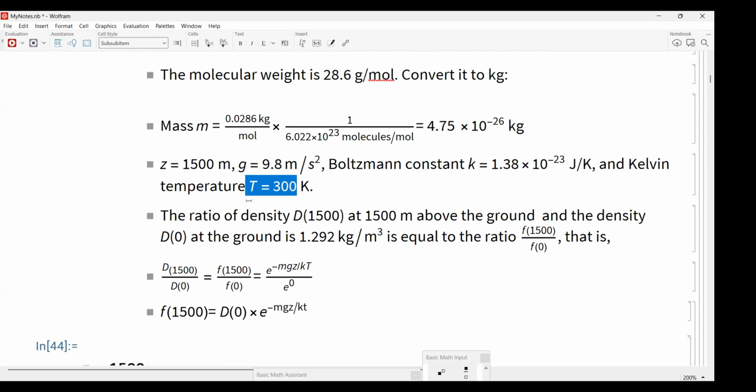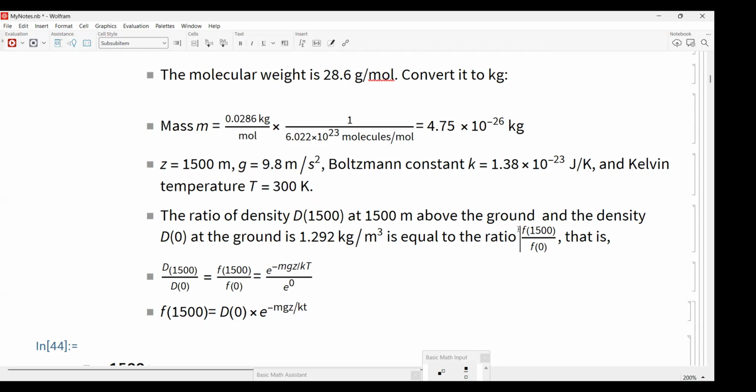So the ratio of the density at a height of 1,500 meters above the ground and the density at the ground, which is 1.292 kilogram per meter cube, is equal to the ratio of f of 1,500 over f of 0.